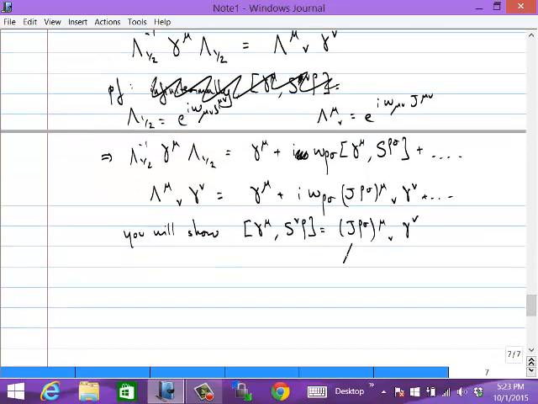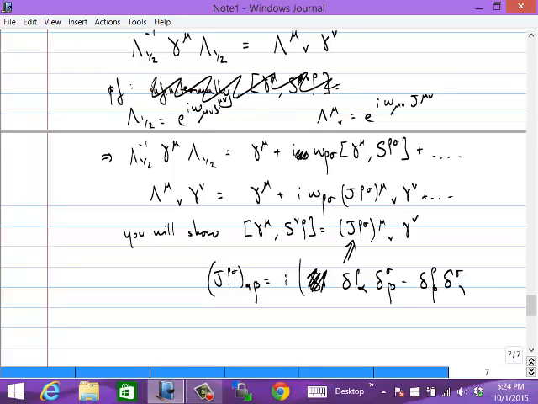Remember, this 4x4 matrix is the one that we worked out last time. J rho sigma alpha beta was I times delta rho alpha delta sigma beta minus delta rho beta delta sigma alpha. This is the 4x4 matrix whose entries are 1s or 0s that generate the Lorentz transformations.